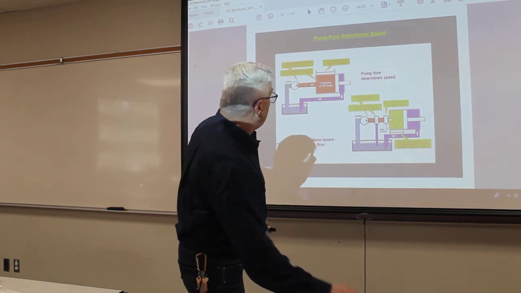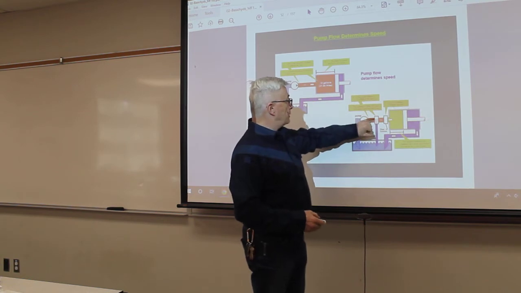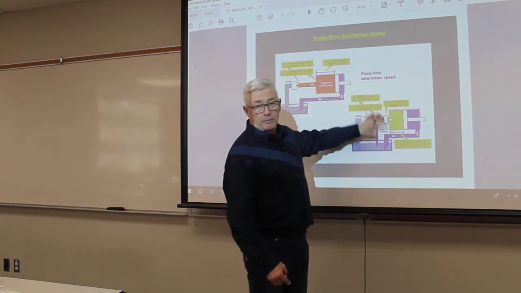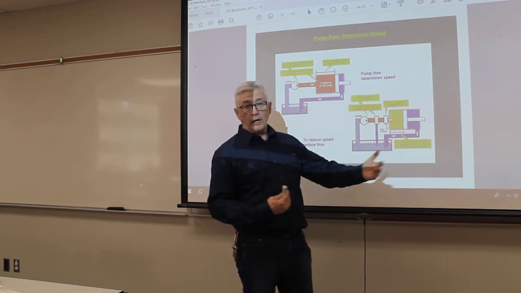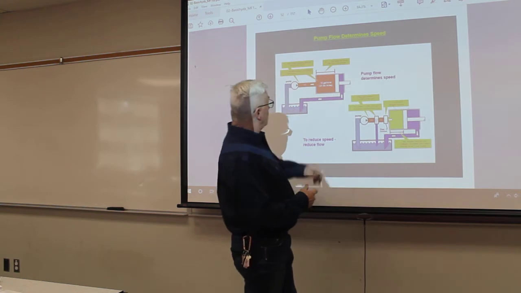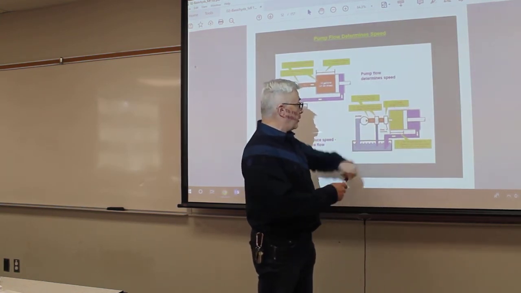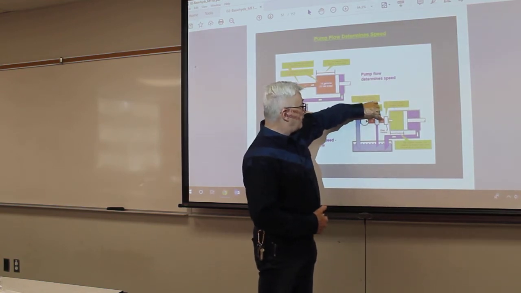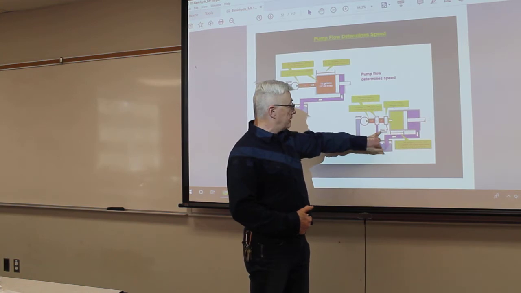All right? To reduce the speed or reduce the flow, what we can do, through a directional control valve or pressure control valve, is divert some of the flow back to the reservoir without doing any work. So in this case, we have 10 gallons per minute coming out, and we're only allowing 5 gallons by use of a flow control valve at this point.